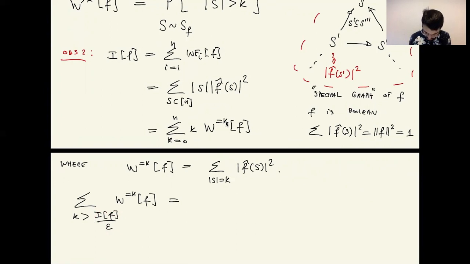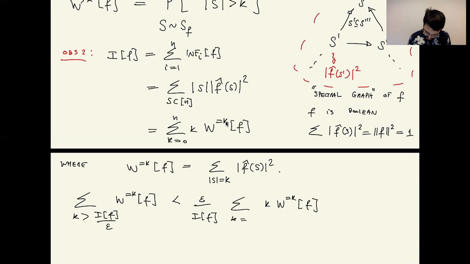And so what you get is that this is less than epsilon over I of f times the sum over k greater than I of f divided by epsilon, times k. Because k divided by that number is greater or equal than 1 in this summation, so we can do that. And therefore, I can even erase this.